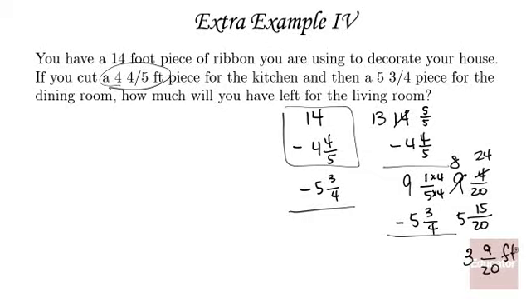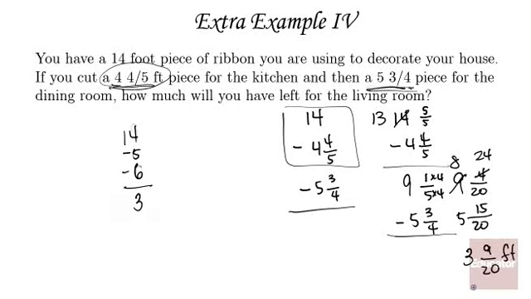Let's check our answer. 14 minus about 5 is 9, and 9 minus about 5 is 4, if we're estimating. So we start out with 14 whole minus about 5 would give us 9, and then minus about, I would say that would be closer to 6, would leave us with about 9 minus 6 is 3.